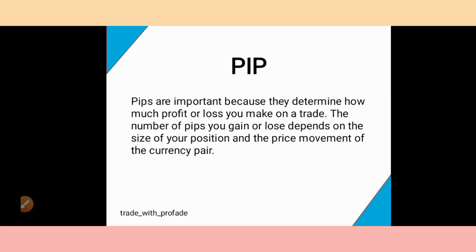For currency pairs, the pip value is usually different, so you need to know that. I believe in this video you've been able to understand how to determine how many pips you've gained or moved. You need to know them before you actually jump into trading.